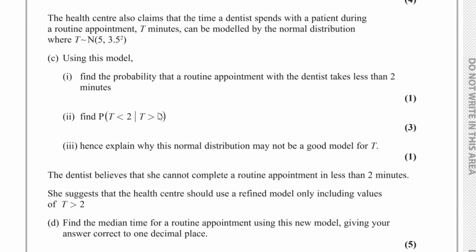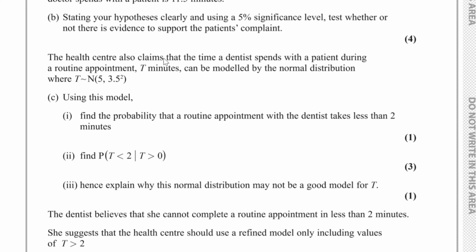Now for the first part of Part C, the health centre also claims that the time a dentist spends with a patient during a routine appointment, t minutes, can be modelled by the normal distribution where t is normally distributed with parameters 5 and 3.5 squared. And we have to find the probability that a routine appointment with a dentist takes less than 2 minutes.